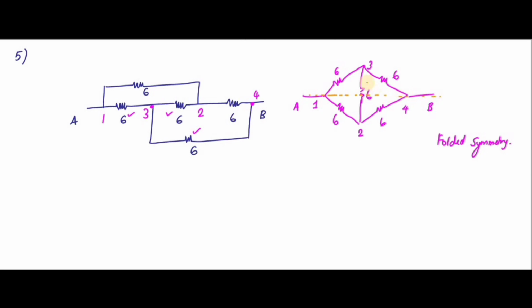So the fold, and if I fold like this, so 6 and 6 becomes parallel, so it becomes 6 by 2, and here also I have 6 and 6, so it is 6 by 2, right? And so this is B. So 6 by 2 I can write as 3, right? And 3 and 3 are in series, so I can write the equivalent resistance R equivalent is equal to 6.